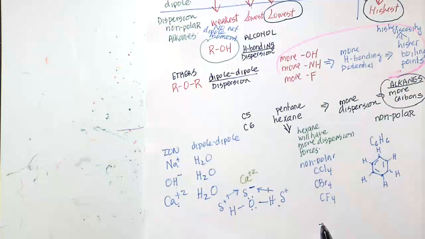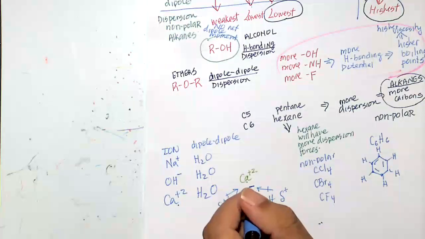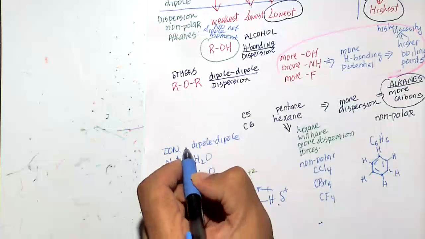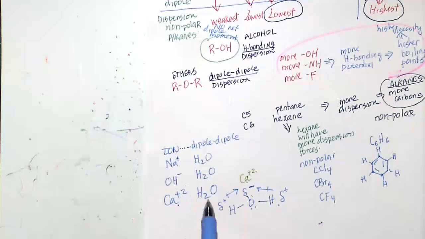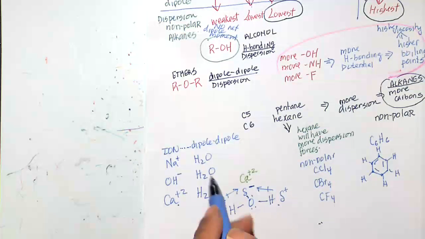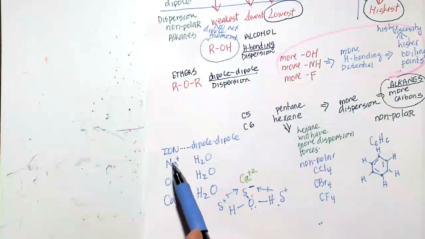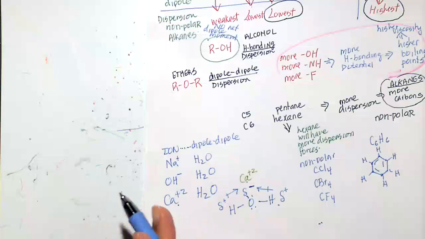Whereas a dipole-dipole would be one dipole attracted to the other dipole. Here, this is the dipole, partial negative, delta negative, interacting with the full +2 charge. That's ion-dipole. This is why water, being a dipole with hydrogen bonding potential, can solvate ions like sodium, hydroxide, calcium, nitrate.